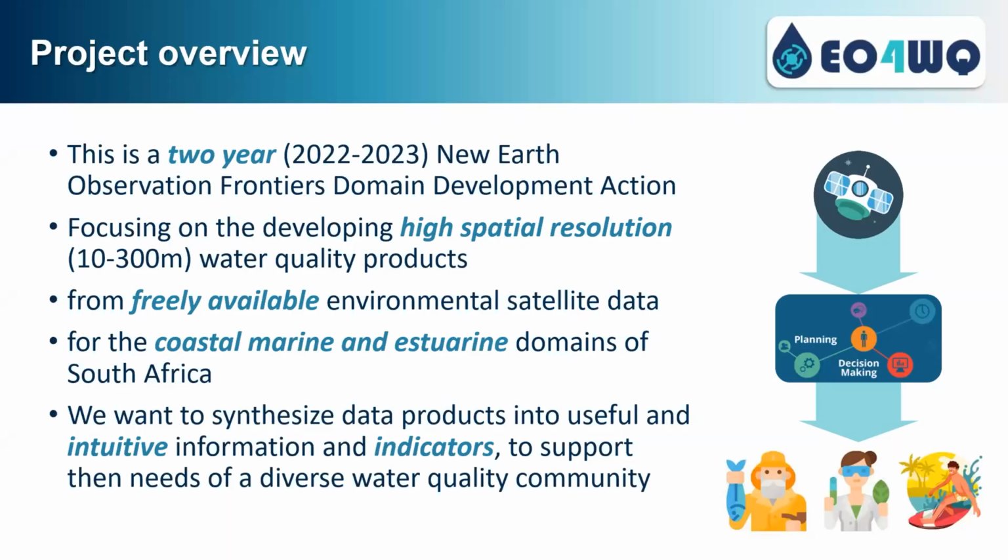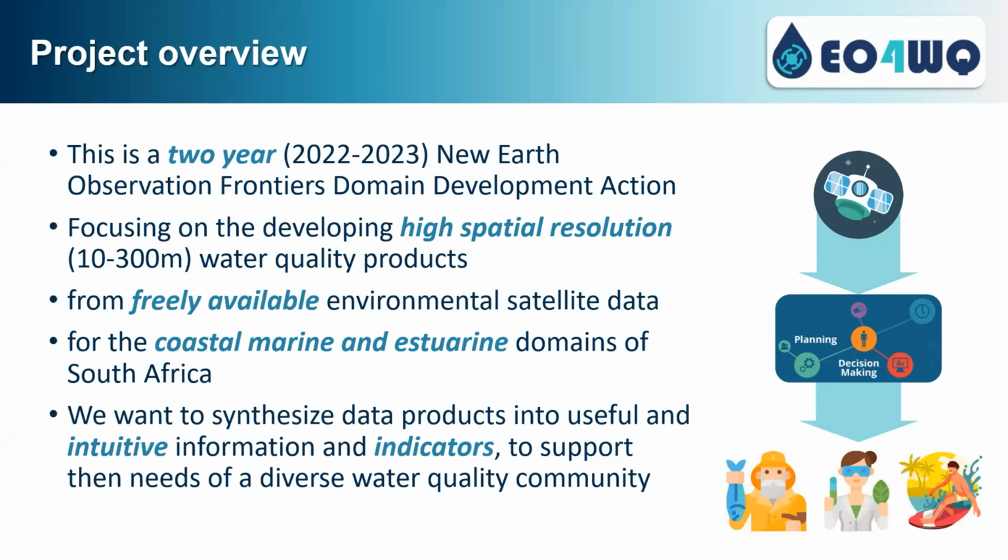So just a bit of a project overview. This is a 2-year domain development action. So we will be specifically focusing on developing high spatial resolution water quality products from freely available environmental satellite data.